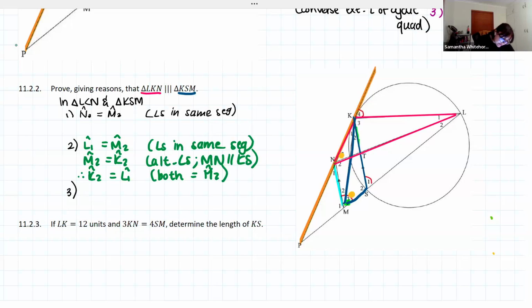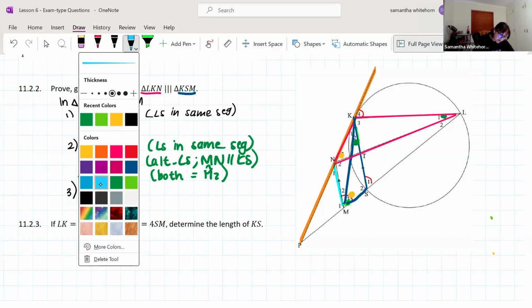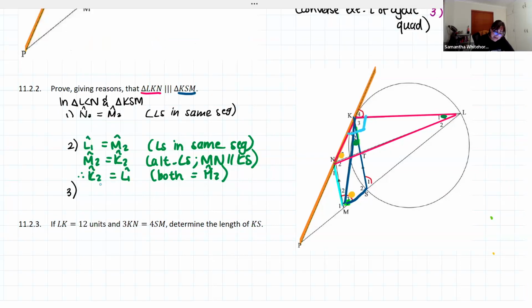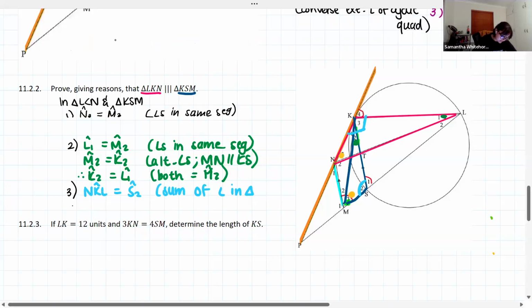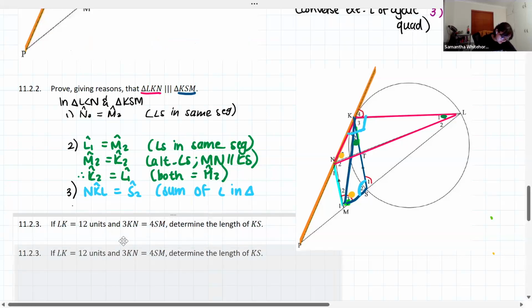Now that I know that L1 is equal to K2, remember I automatically know that my third angle is equal. So I now automatically know that this whole angle over here in blue, NKL, is equal to angle S2 because of sum of angles in triangle. Once you've got two, you automatically know the third is equal. So therefore, let's just move this down to put some space.